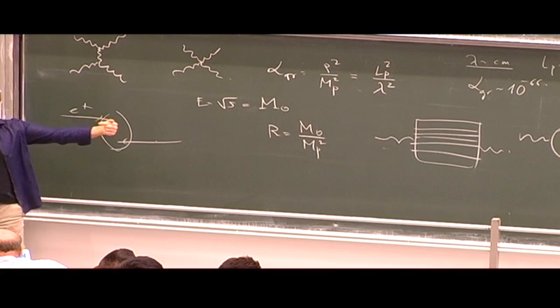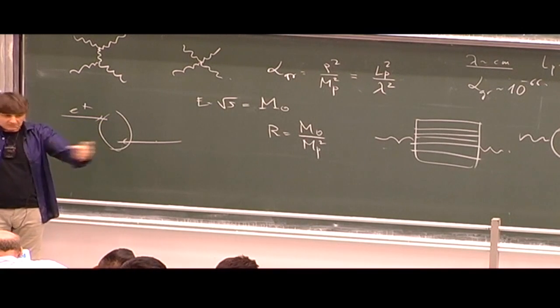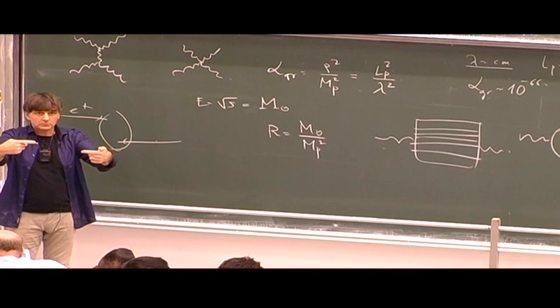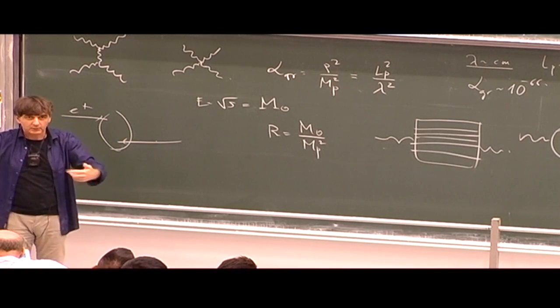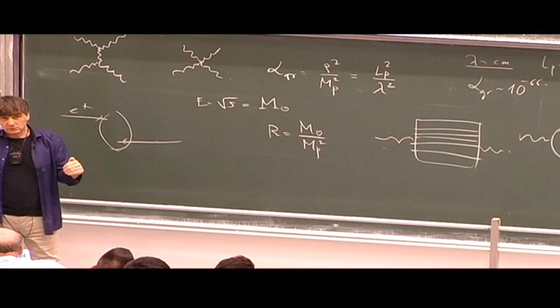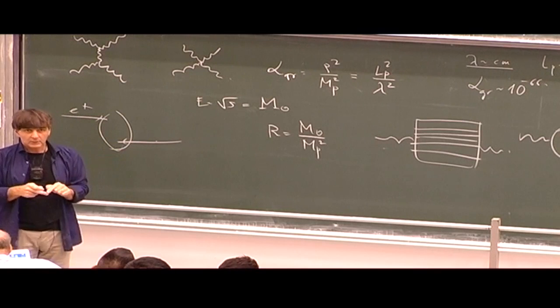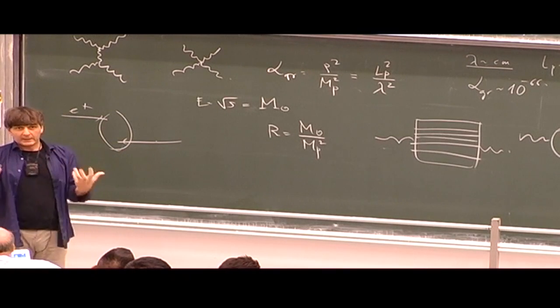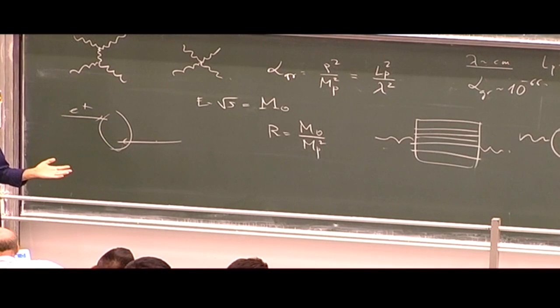Now I have two particles boosted relative to each other, and they enter this gravitational radius. There is nothing to prevent them. There is no repulsive force. I can manufacture a theory in such a way that there is no repulsive force that prevents it. And if I manage to concentrate this energy within its own Schwarzschild radius, then, according to semi-classical reasoning, a black hole should form. And that looks like a perfectly good semi-classical argument.